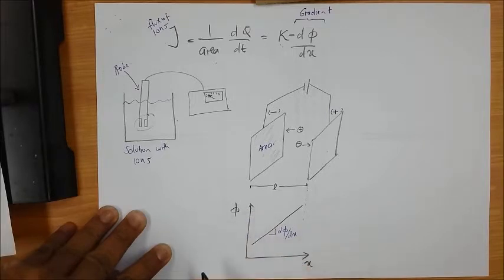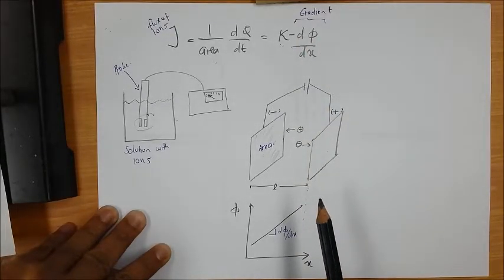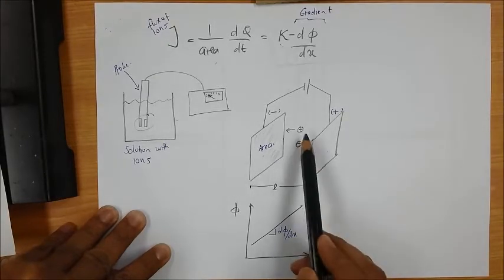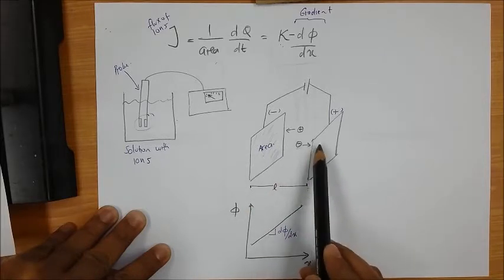And if we sketch the electric potential over a distance x, it would look like this. This is the value of the negative electrode. It will be more negative than the positive electrode, right? Now, the gradient has a negative sign in this term because the positive ion will go to the negative electrode, and the negative ion will go to the positive electrode.